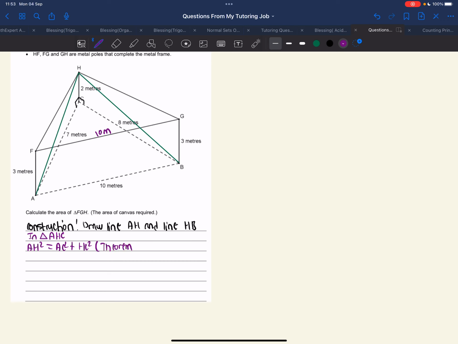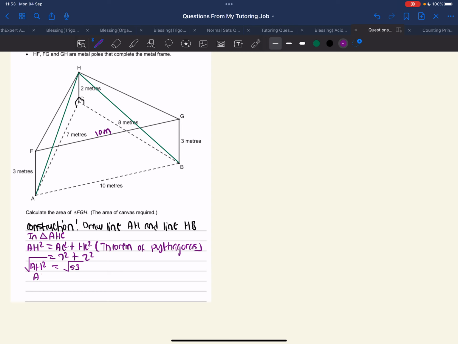Theorem of Pythagoras, right? Then we're going to have AC, which is given as 7, squared plus HC, which is 2, squared. Now to find AH, we're just going to square root both sides, and then 7 squared plus 2 squared is going to give you 53.